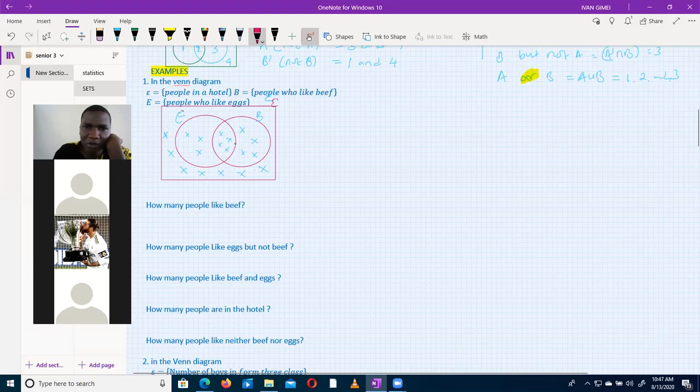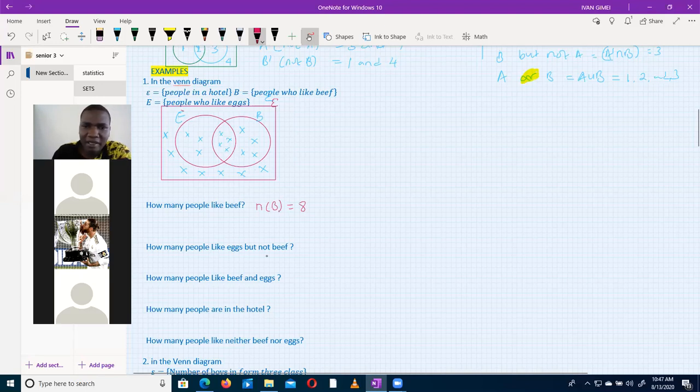You just count those crosses. Eight. 8 people. So the number of beef is 8. You simply count those crosses.